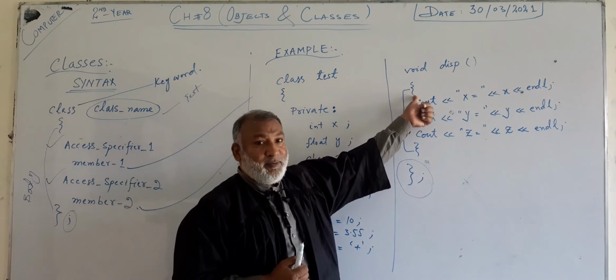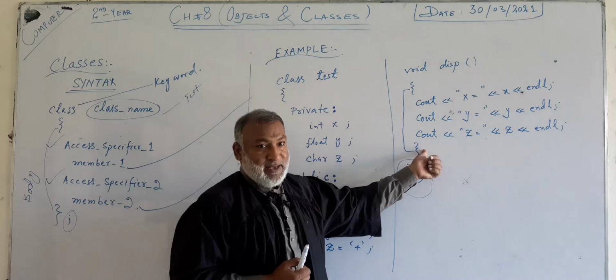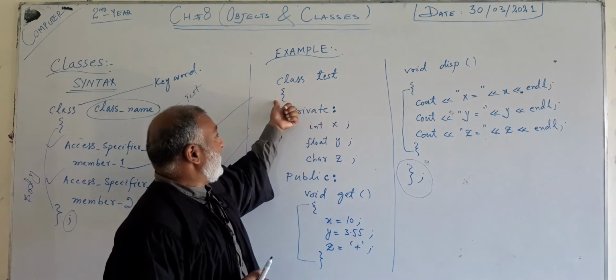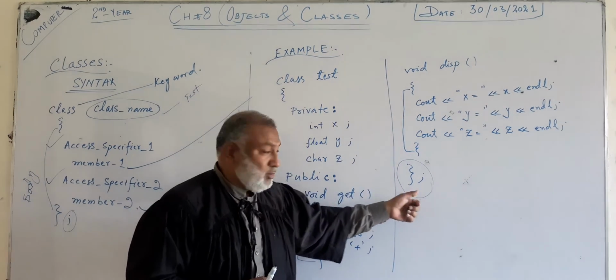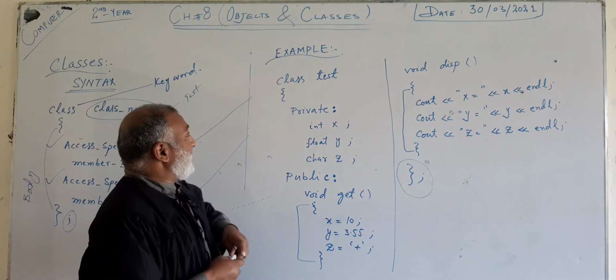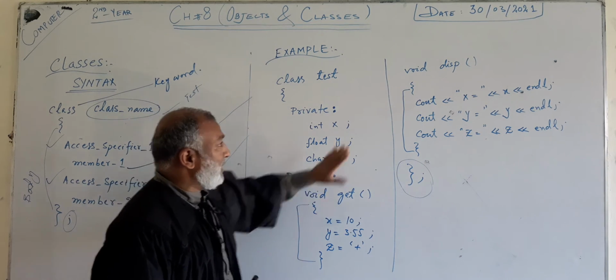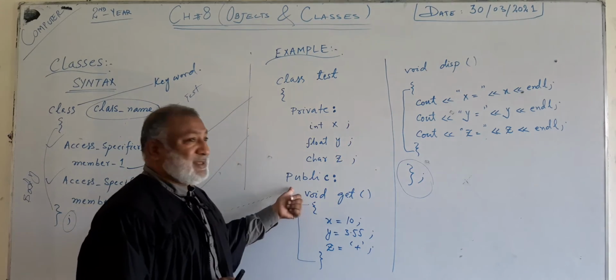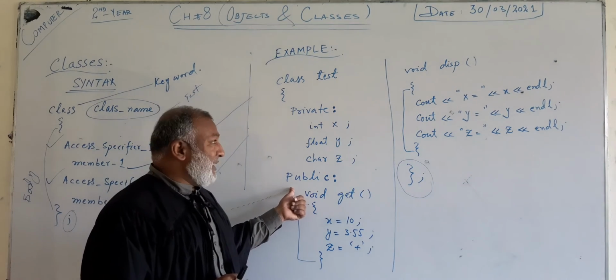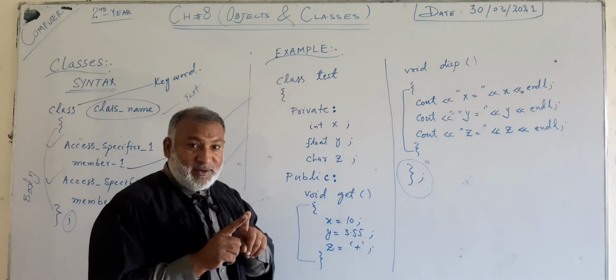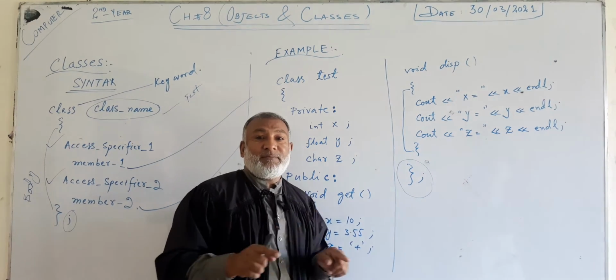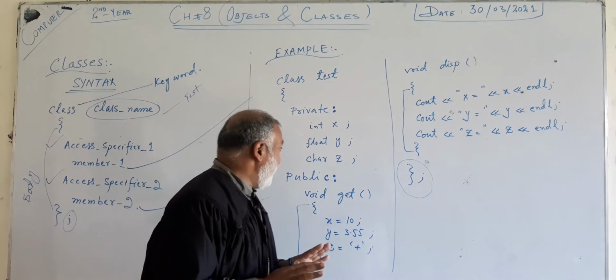Your function starts from here, your function closes here. And here the class opens, here the class closes. So it means inside the class we have private member data, and inside the class we have two member functions which are public. Basically we have two member functions which are doing some actions upon the data.